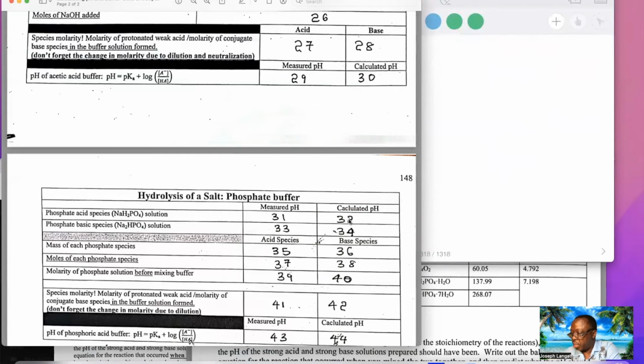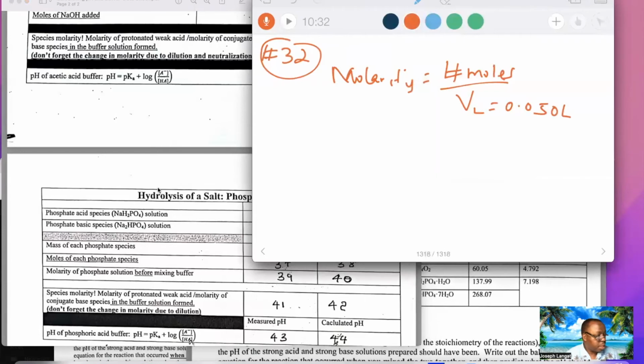Molarity is given by the number of moles over volume in liters. You are to dissolve in 50 ml of deionized water, so this will be 0.050 liters.